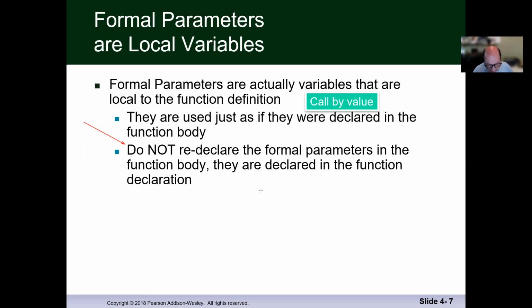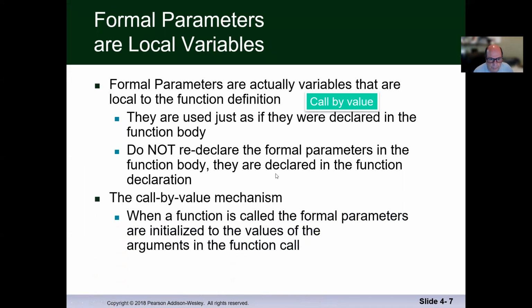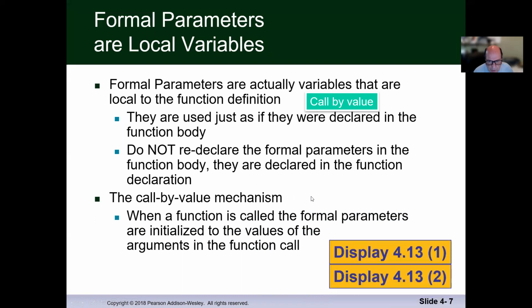Sometimes you mix the names, and that's what happens. So do not redeclare it. Of course, the newer compiler is going to catch that, and it's not going to let you do it anyway. So that's basically the call by value mechanism, and we're going to talk more about that.